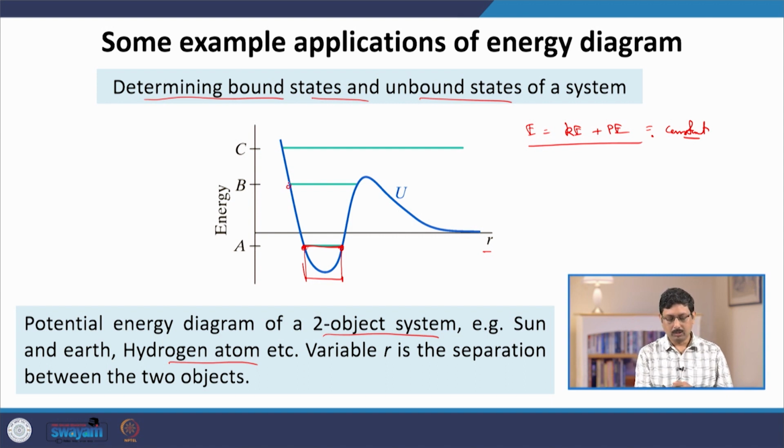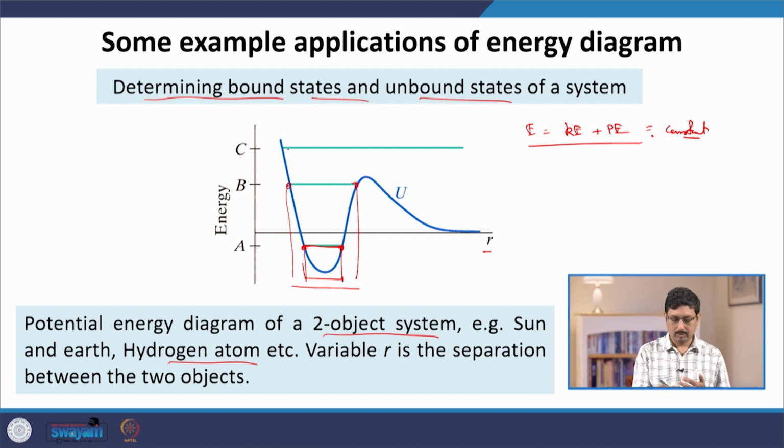Now, if I slightly increase the total energy of the system, the range of allowed values of r has increased, but it is still bound between a maximum and a minimum.